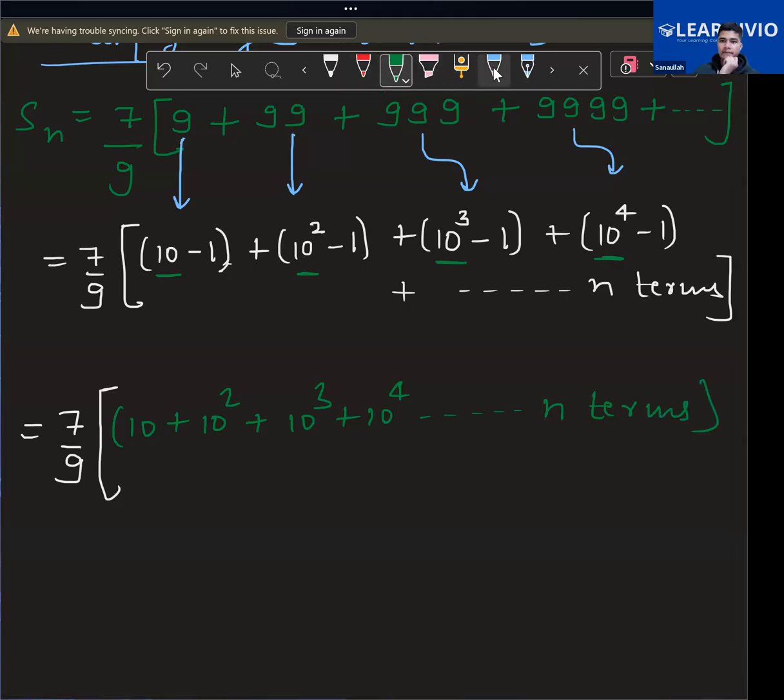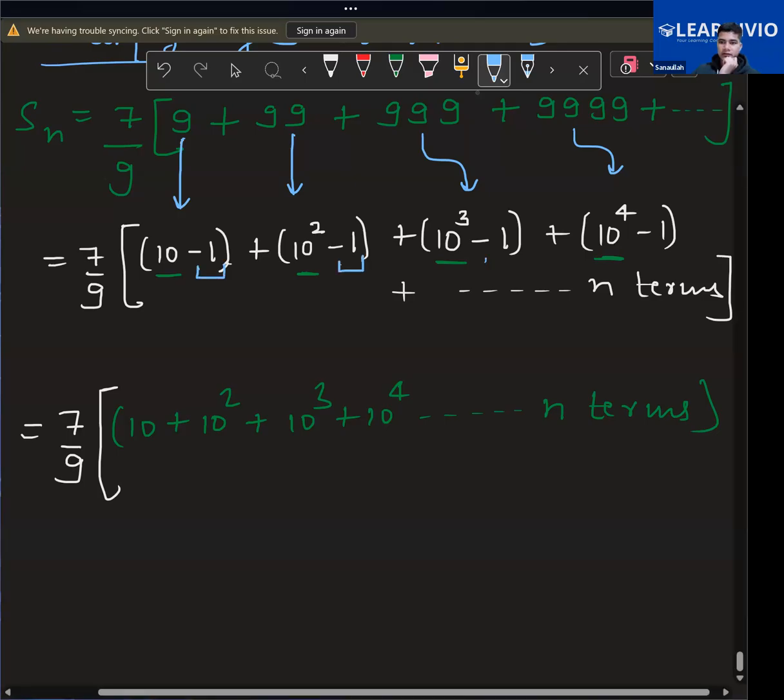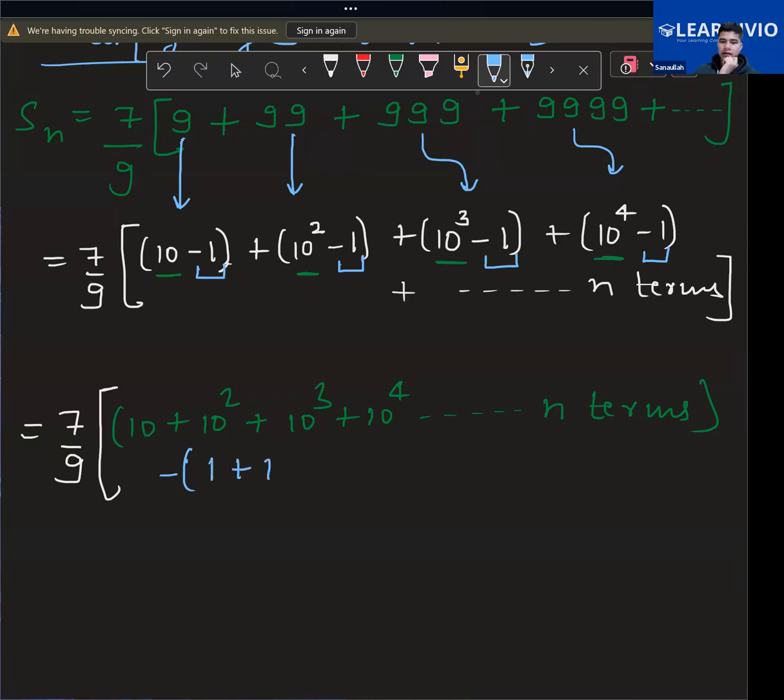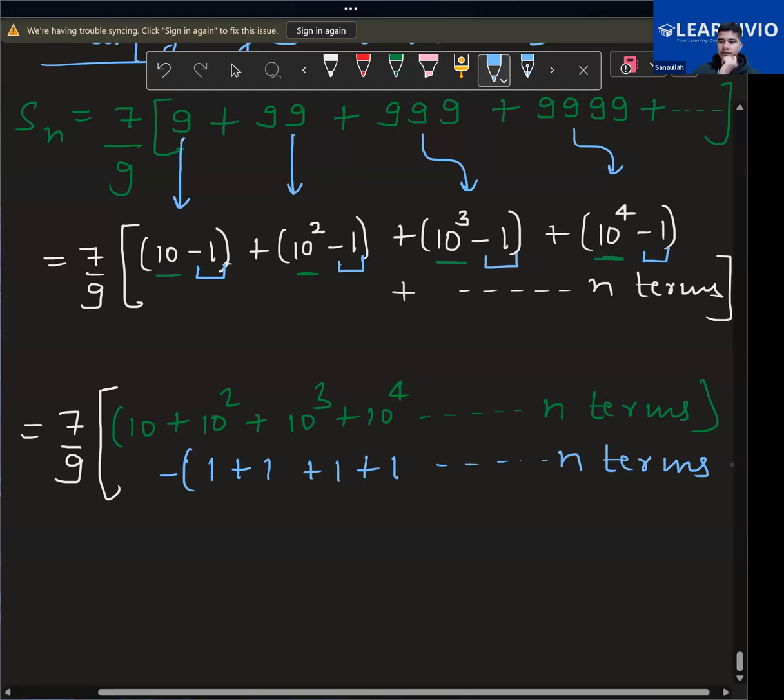And we also have this minus 1, this minus 1, this minus 1, this minus 1, this minus 1. And till how much do we have? Till n terms. So can I take minus common? Minus of 1 plus 1 plus 1 plus 1 up to how many terms? N terms. So we have successfully separated both the terms. Now what do we have to do?